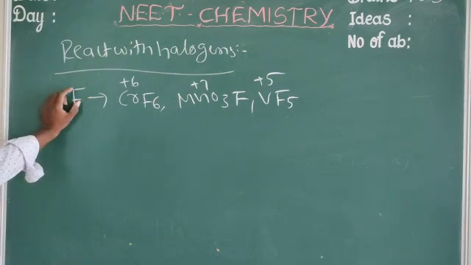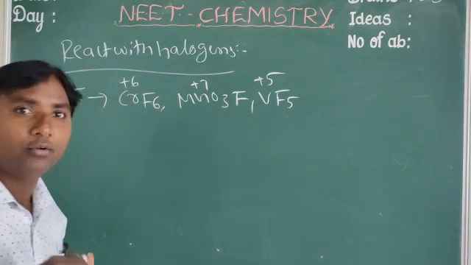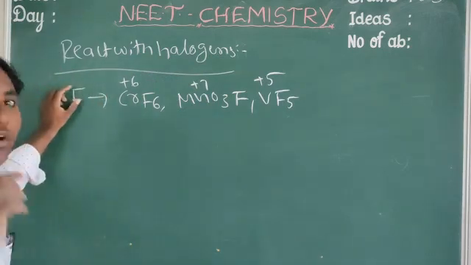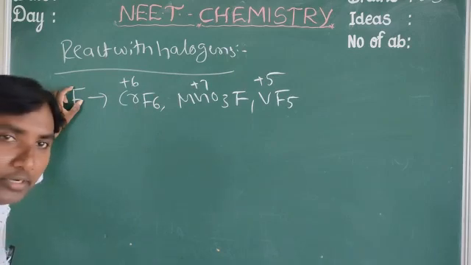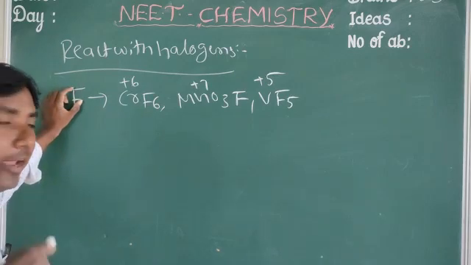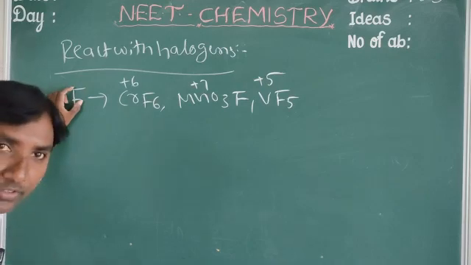Fluorine reacts with transition elements to form stable higher oxidation states. Another reason is that fluorine is a highly electronegative element. That's why it can form stable higher oxidation states.